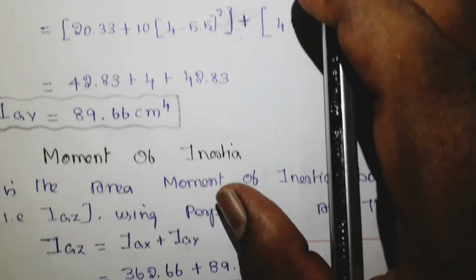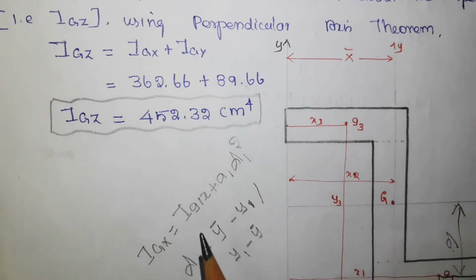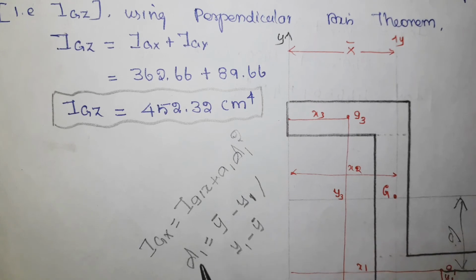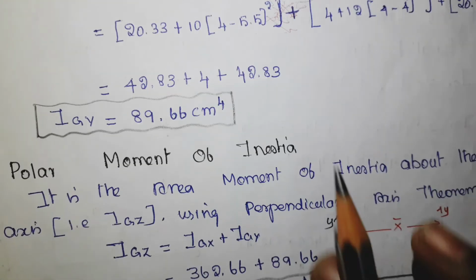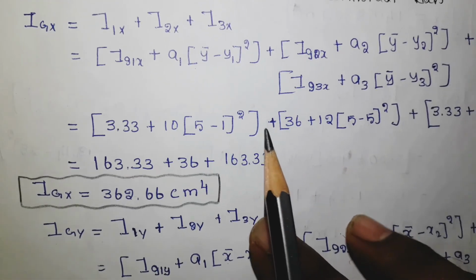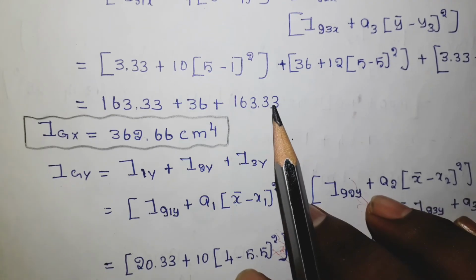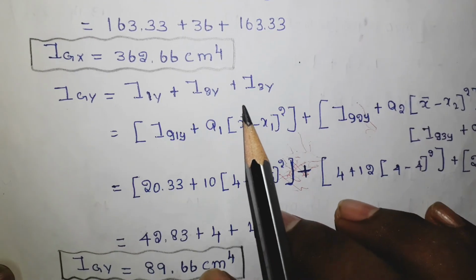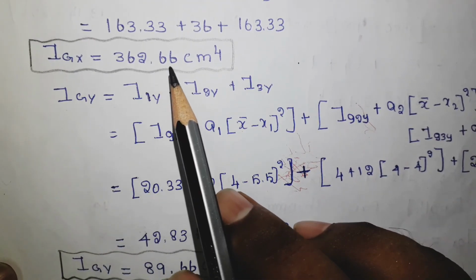All the formulas have this same basic concept. Substitute all the values, and finally you will get igx equal to 362.66 centimeter to the power 4.